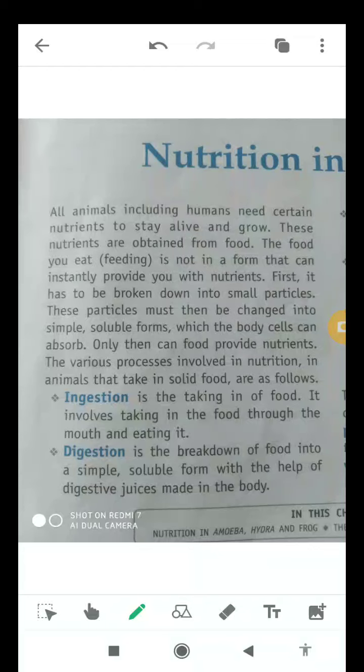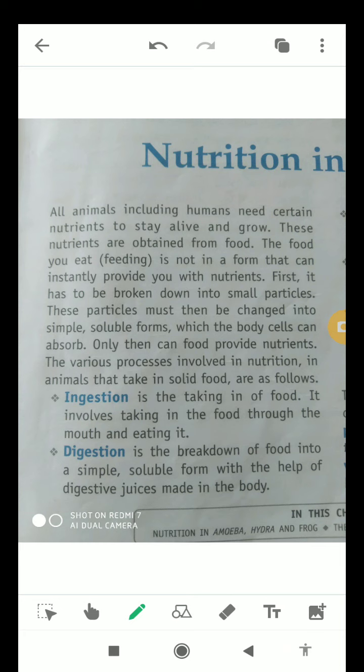As we all know students, all animals including humans need certain nutrients like carbohydrates, proteins, fats, vitamins, minerals to stay fit, alive, and to grow. Okay, and these nutrients are obtained from the food only. The food that we eat is not in a form that can instantly provide you with nutrients.